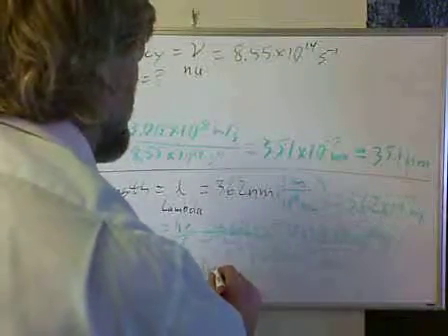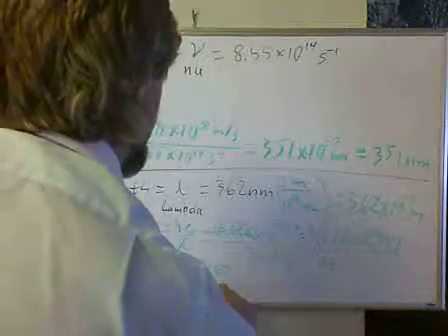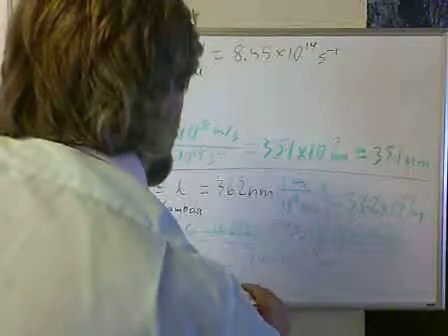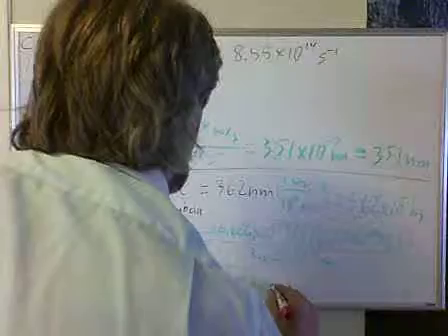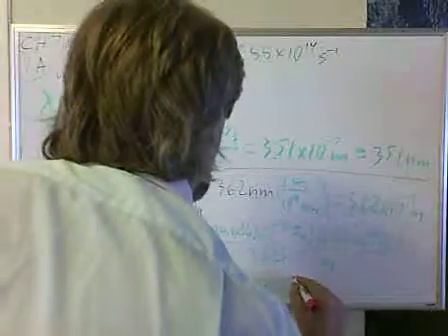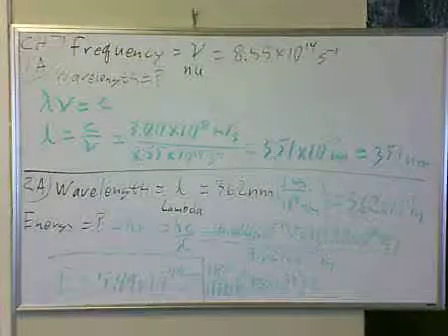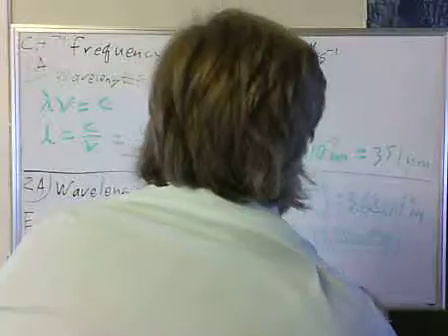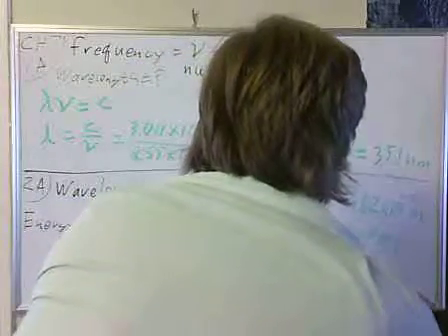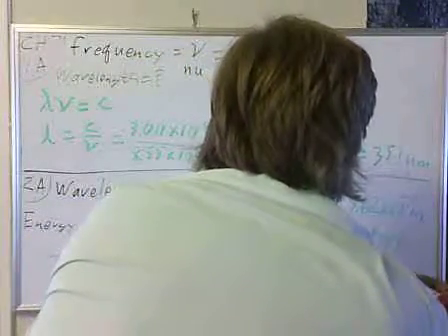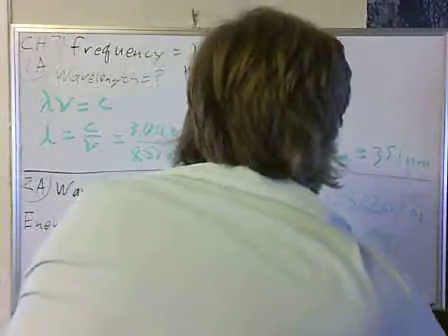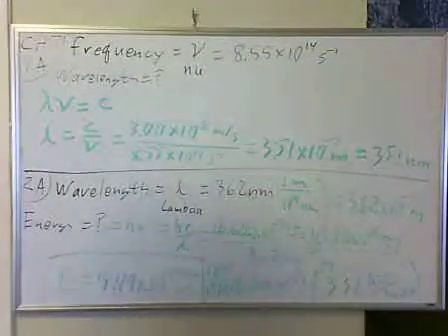Otherwise, it's 1 kilojoule over 1,000 joules, and Avogadro's number, and in terms of kilojoules per mole, we end up with 331 kilojoules per mole. So this is another valid answer for this question.